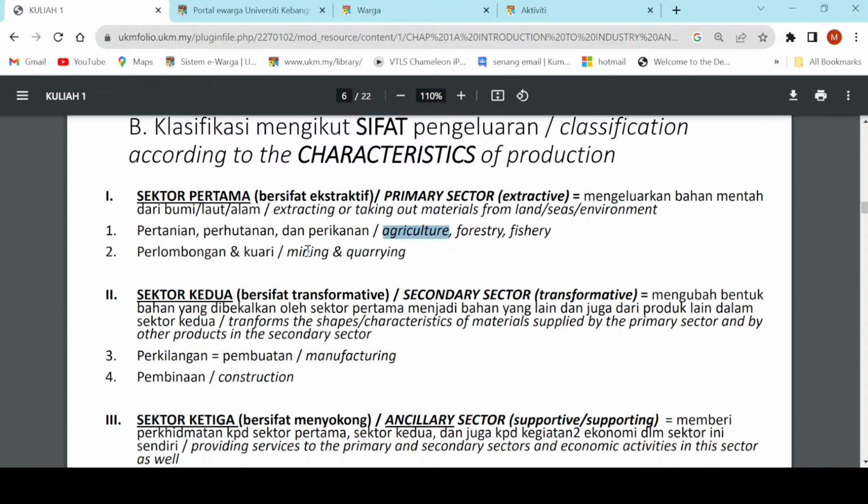They are a supplier for Proton Saga and send to the Proton Saga factory, assembled as a car. But that comes from another manufacturing. That's why, my definition is supplied by the primary sector and also by other products within the secondary sector, from the glass factory to make the car.